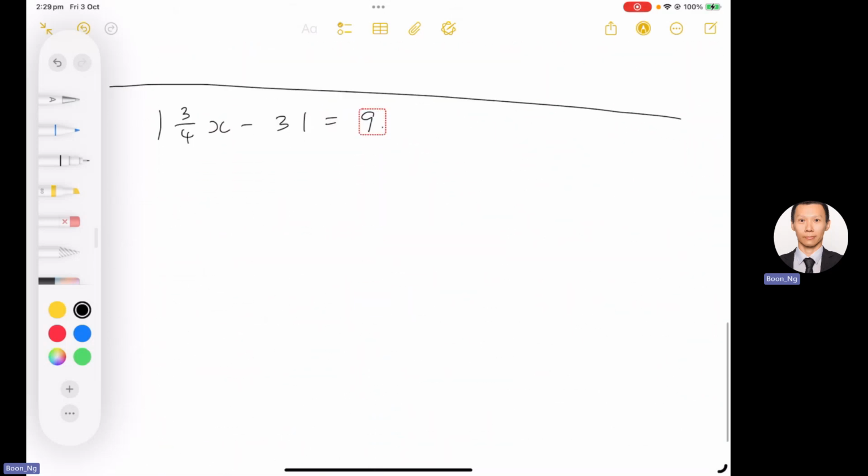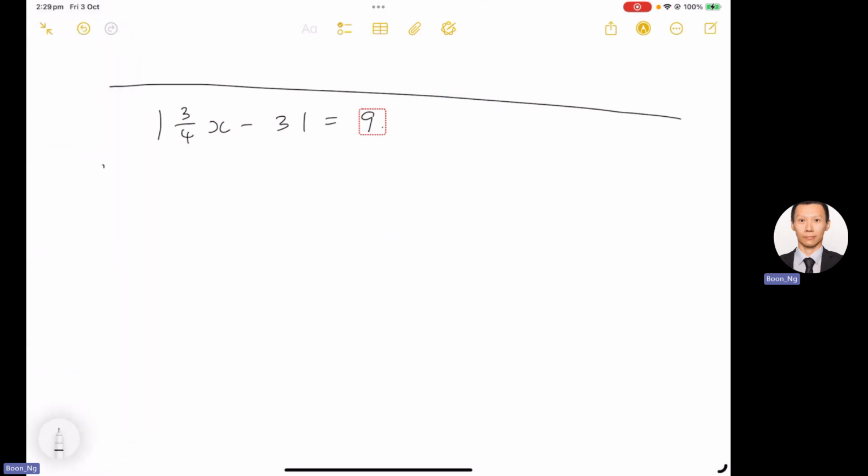This is highly similar apart from having a fraction here. Because of the absolute value, we split the equation into 3 over 4 x minus 3 equals 9 and negative 9.